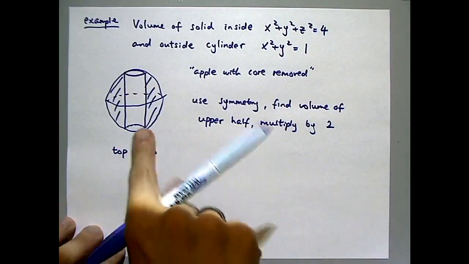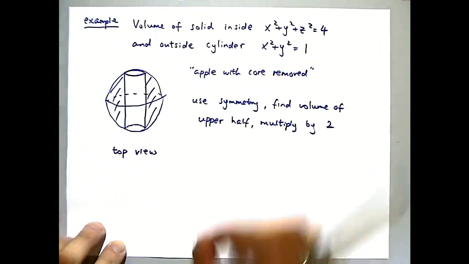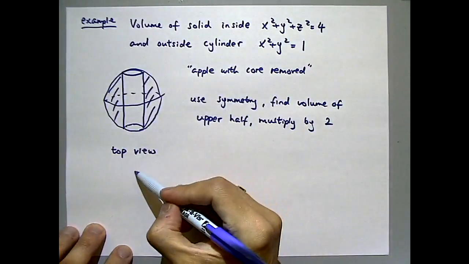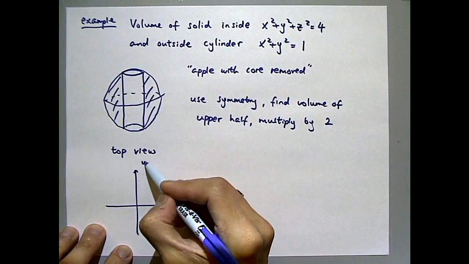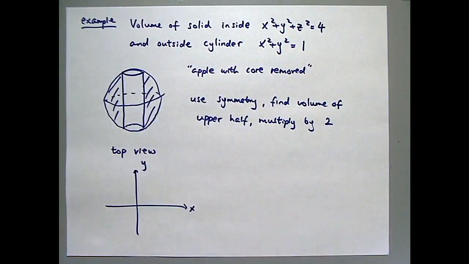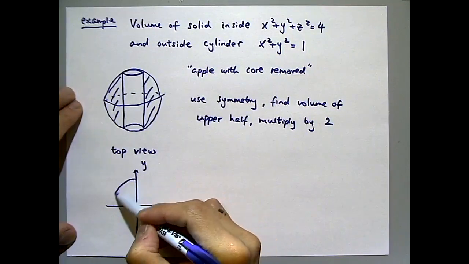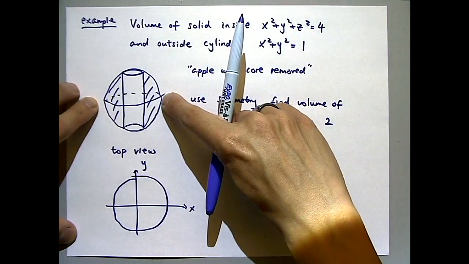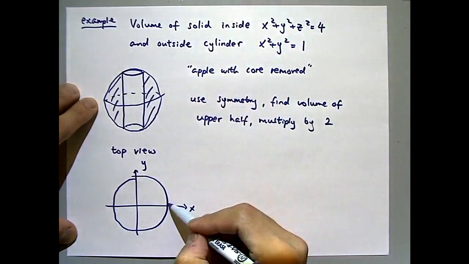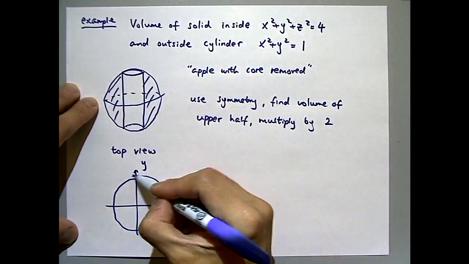Let's look at the top view, looking down from the top of this apple onto the xy plane. When you look down, you're going to see the circle, the equator of that apple. Radius is 2, right?